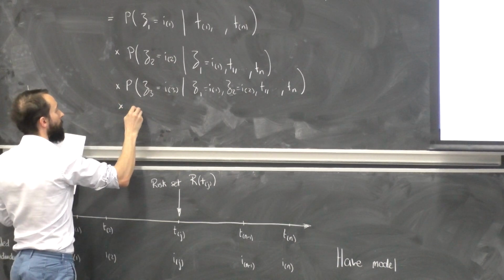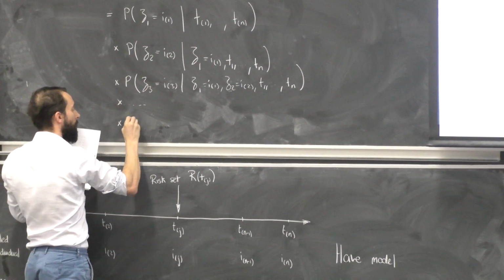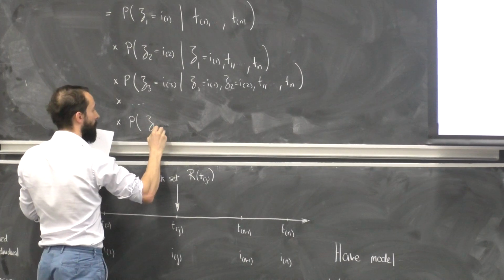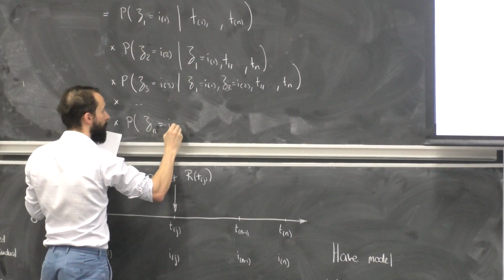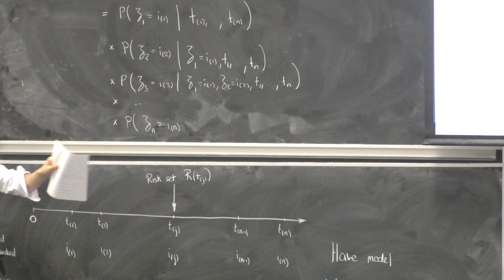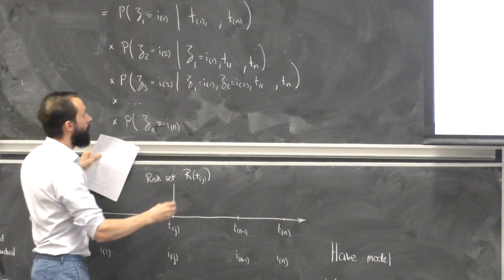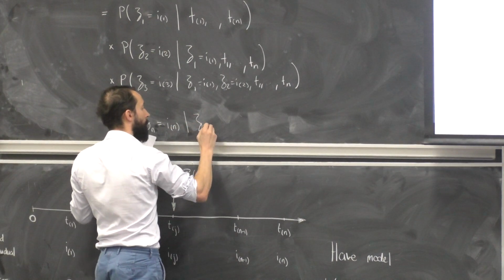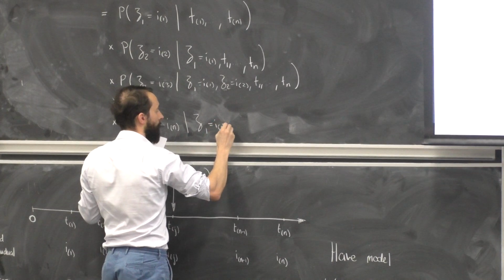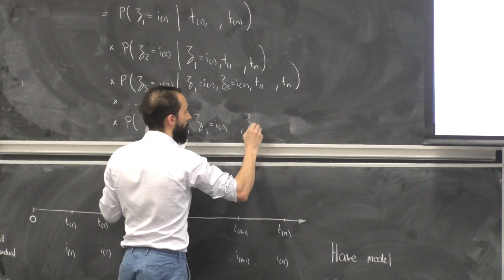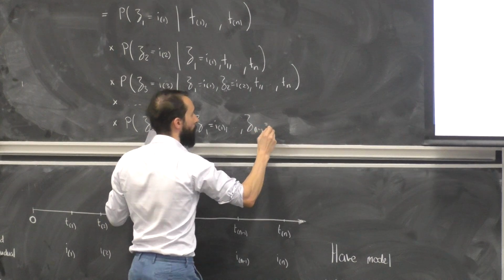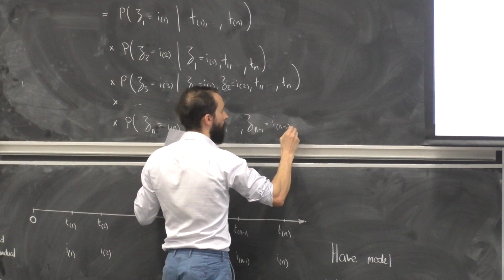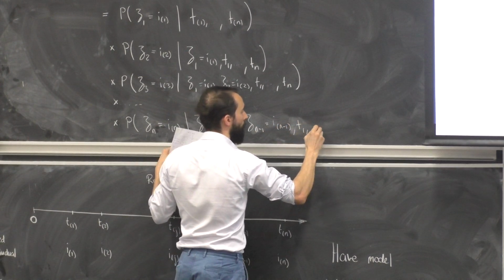And we can keep multiplying all these terms together until we're eventually at the probability that the last person to fail was the last person that we saw fail, conditional on the order of everything else beforehand being the same, and all those failure times.